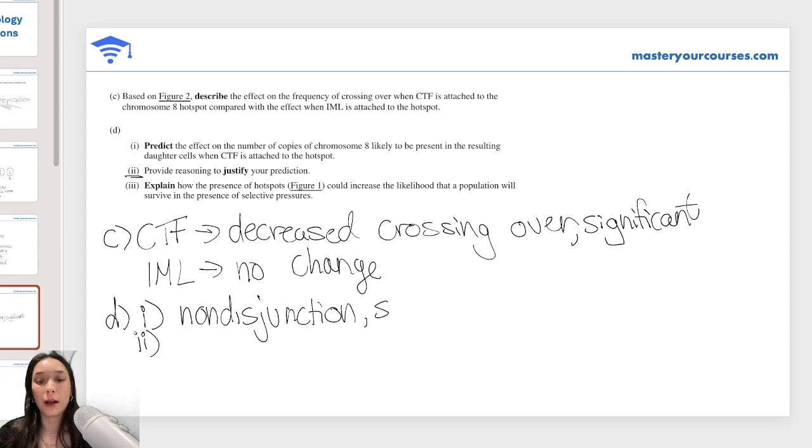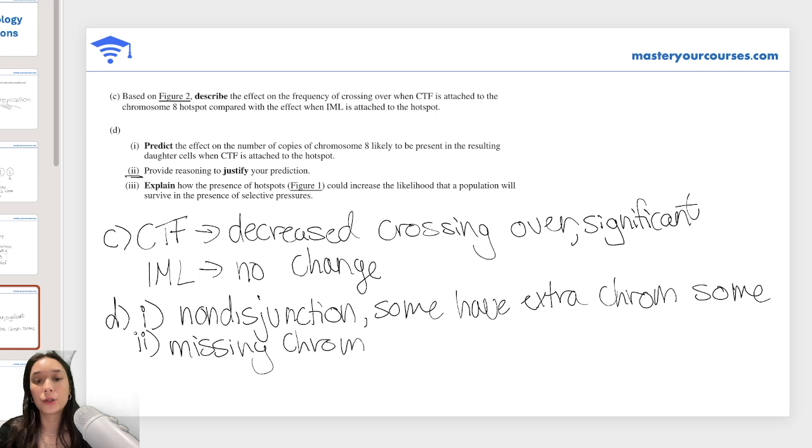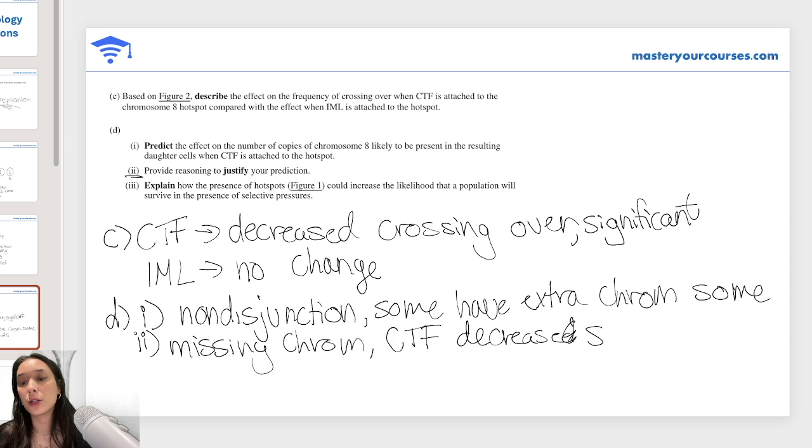where some have extra and some are missing. And the reason for that, my justification, is that CTF decreases crossing over.